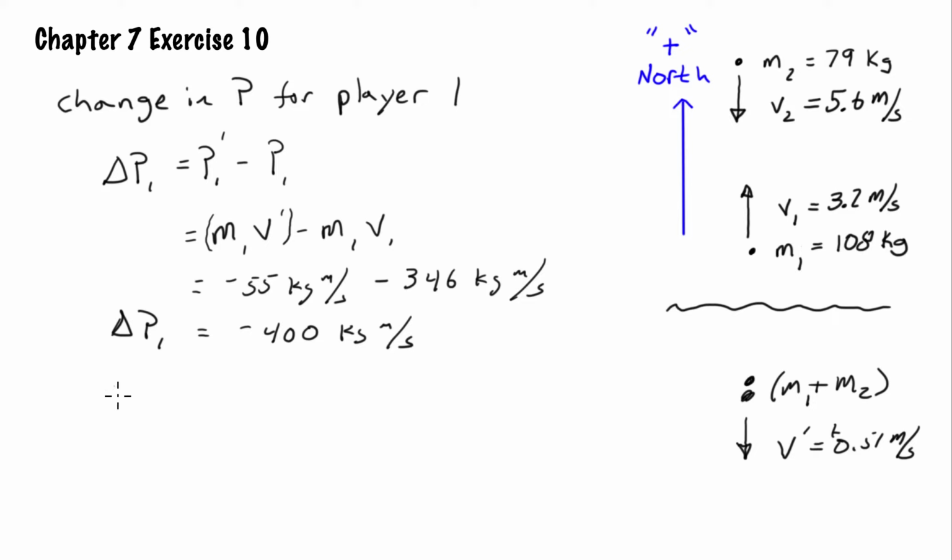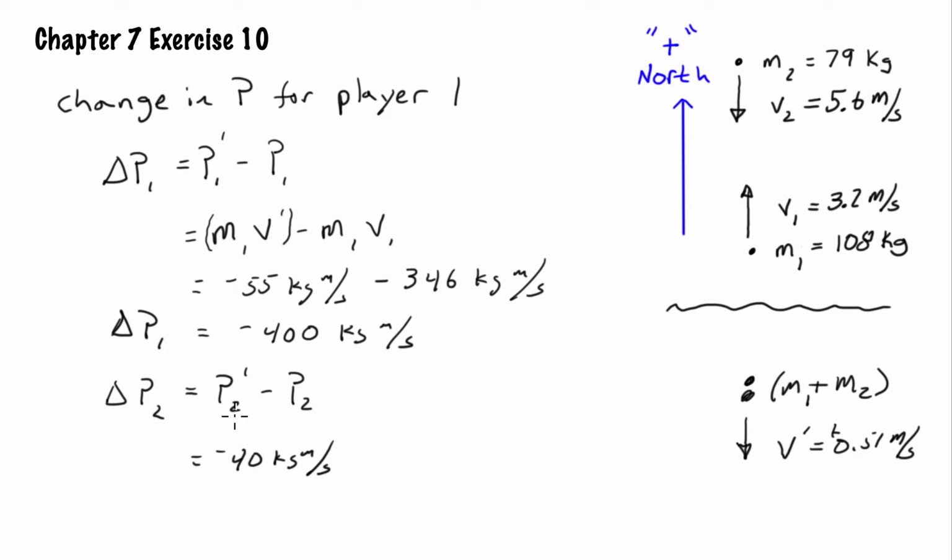What if you wanted to calculate the change in momentum of player 2, for example? Well, that would be the momentum of player 2 afterwards minus the momentum of player 2 before. And before, the momentum of the player was 442, but directed to the south. So if I plug in some numbers here, I end up with something that looks like this. Minus 40 kilogram meter per second.